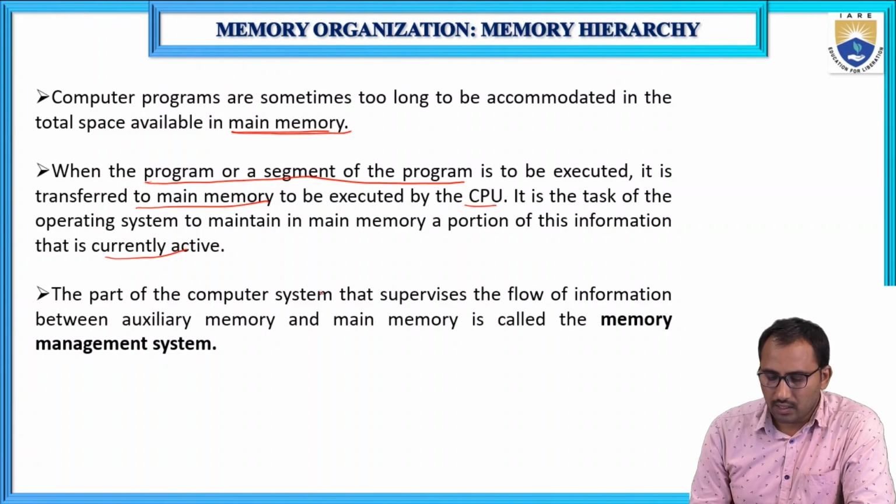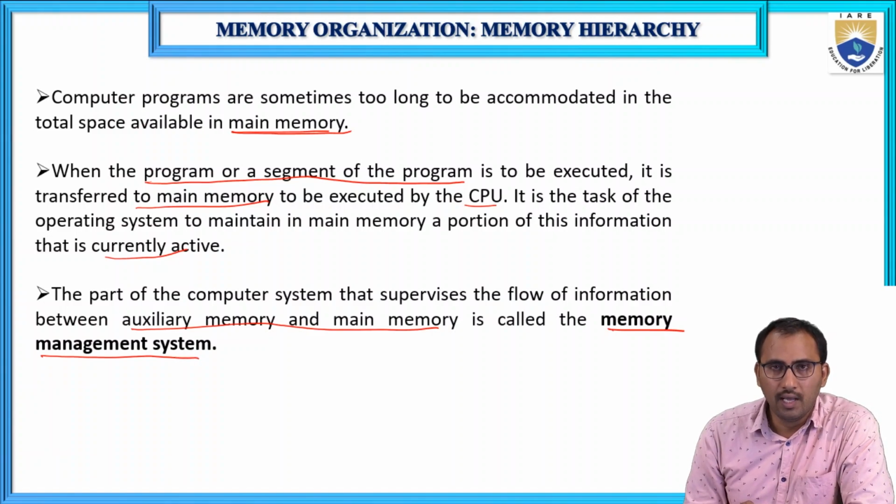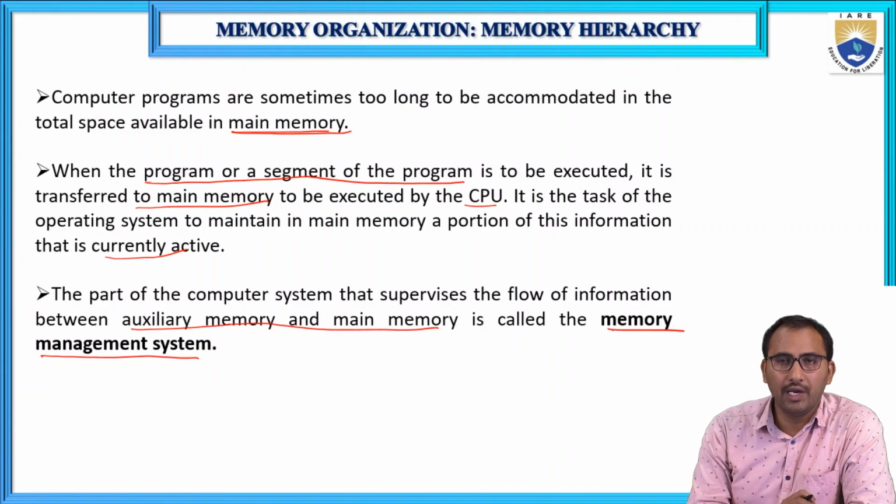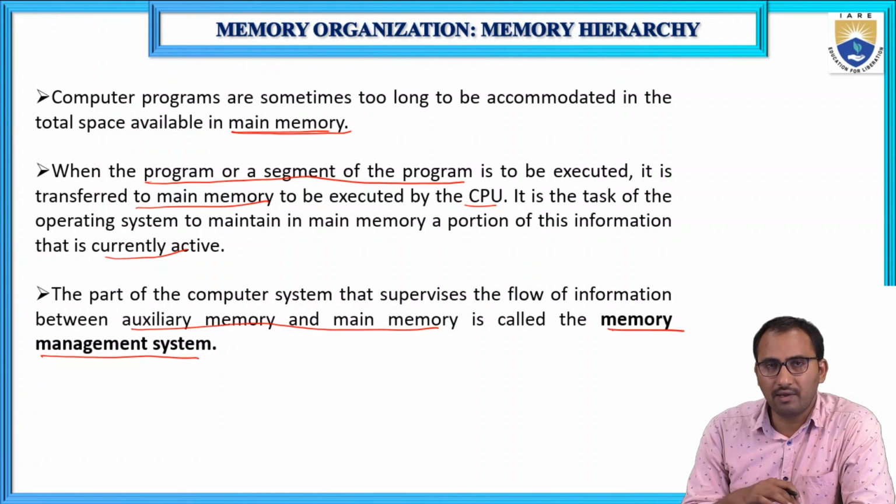The part of the computer system that supervises the flow of information between auxiliary memory and the main memory is called the memory management system. So there is always a transfer of information from the auxiliary memory to the main memory, and this process is called the memory management system.